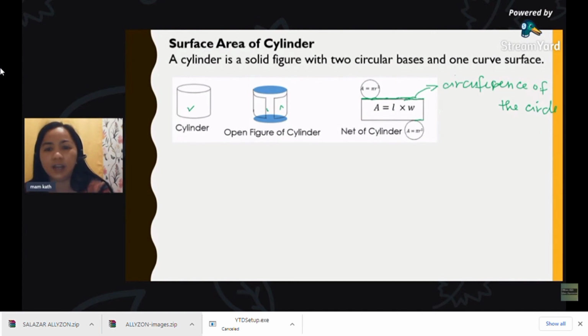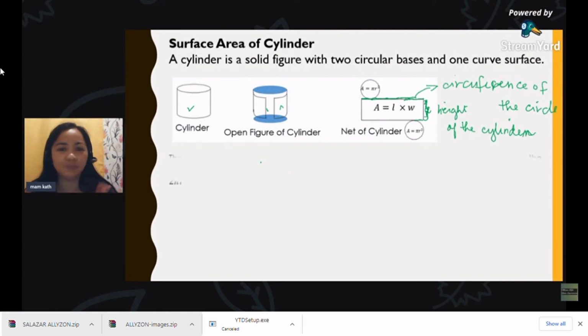At yung height ng ating rectangle, etong width na to, will represent the height of the cylinder. Ayan. So, paano natin kukunin ngayon ang surface area niya?